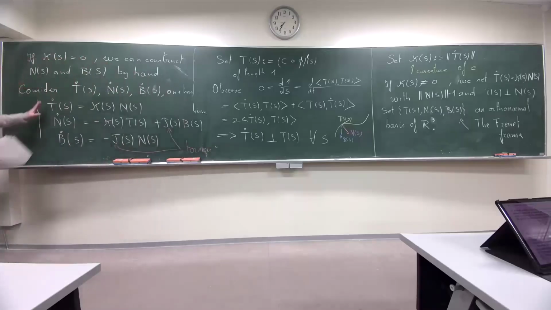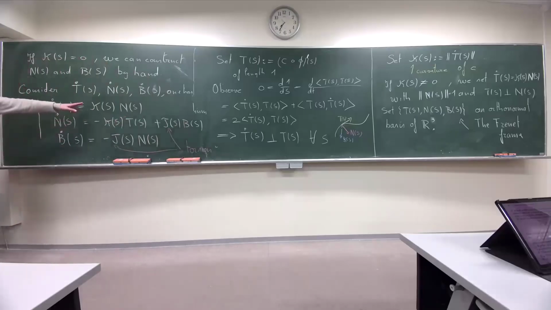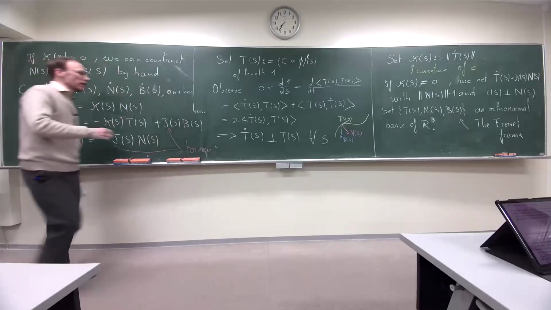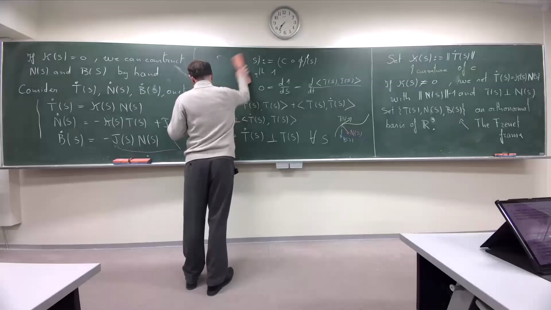So we can express the derivative of these three vectors as a linear combination of T, N, and B. It's an exercise to show that these relations hold, and this is called the Frenet-Serret formula.